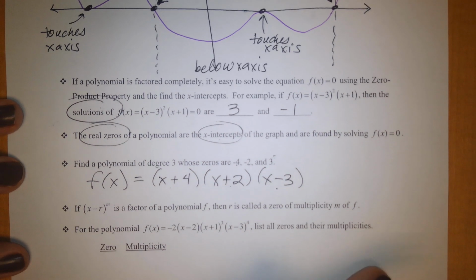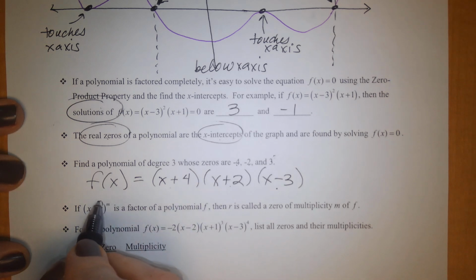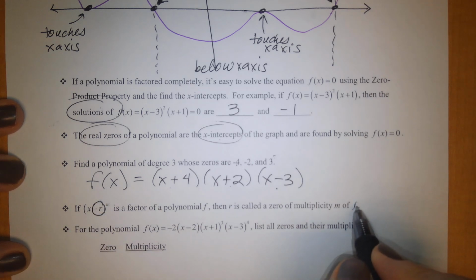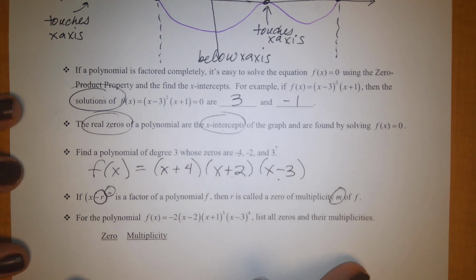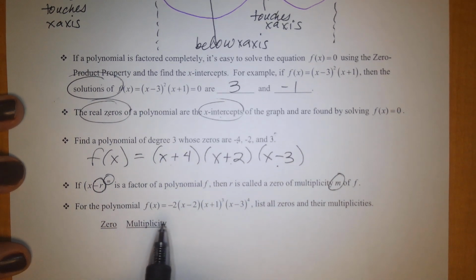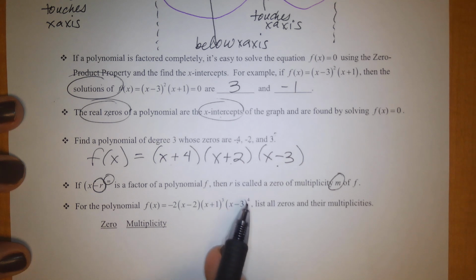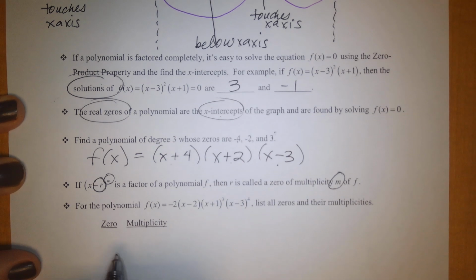So generally speaking, if x minus r to the m power is a factor, then r is called a zero that has a multiplicity m, which is the exponent. So for the polynomial negative 2 times x minus 2, x plus 1 to the third, x minus 3 to the fourth, list all the zeros.